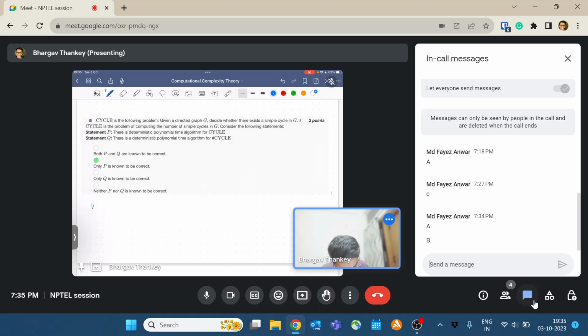So we can check if there is a cycle or not using BFS or DFS in polytime.